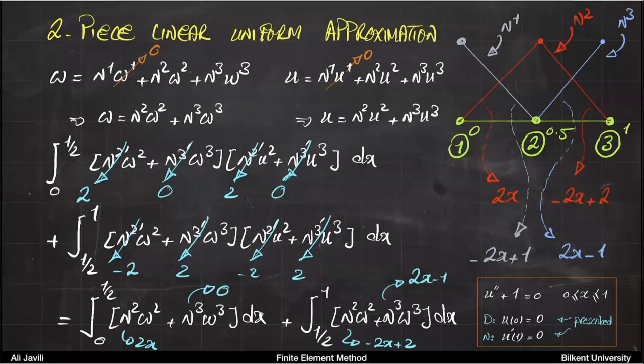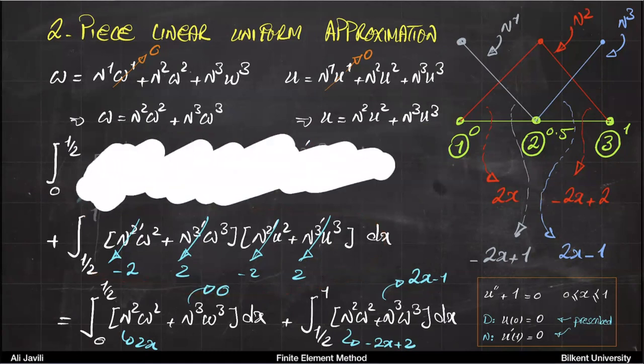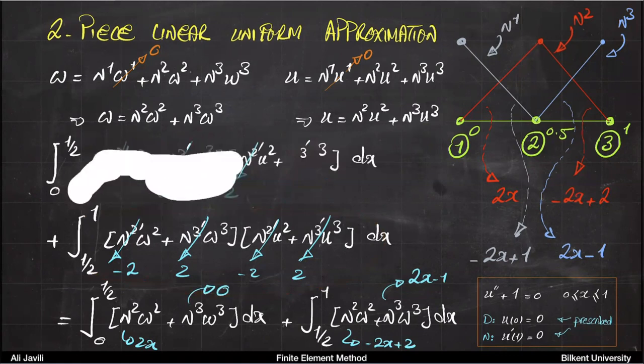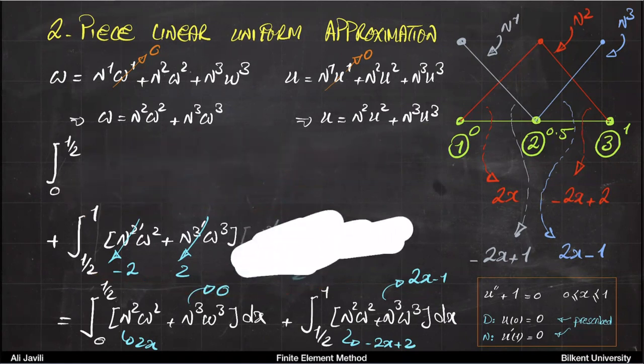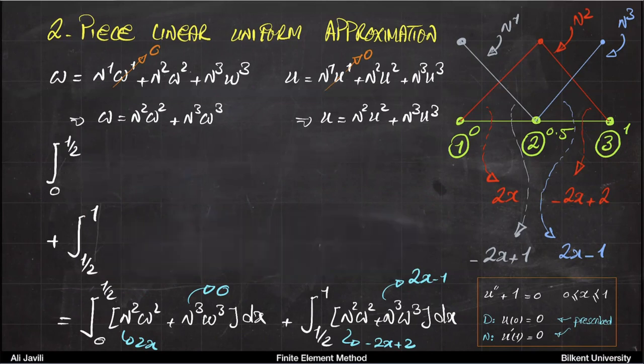Now, if I go through the derivations and simplify them a little, it's pretty quick to see how they simplify, because you have these zeros. So you have terms that vanish, and here you don't have that, but you have that nice symmetric structure. Let me just do it and write the result. The first integral will look like this: 2w2 times 2u2 dx.